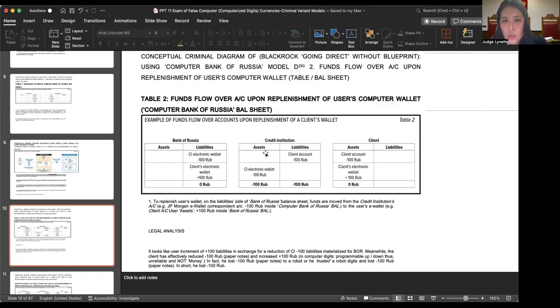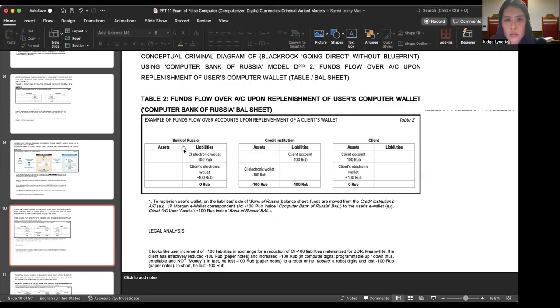Meanwhile, it's no loss to him to have lost assets in electronic form as well. It's just merely electronic digits that he lost, minus 100 rubles. So he gained in a way worthless electronic digits, which is not considered assets at all.